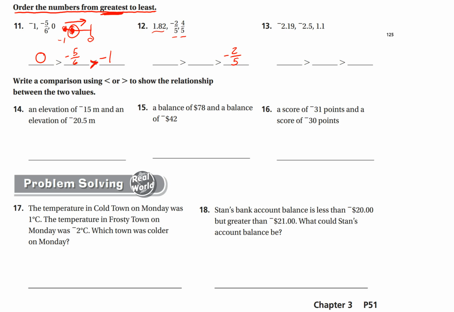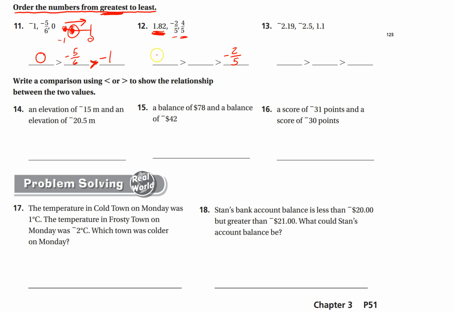And then all you need to do is compare 1.82 and 4/5. Again, 4/5 is a regular fraction. It's not improper. Because it's a fraction, I know it's less than 1. And this number is 1 and 82 hundredths. So this is 1 and some more, and this is not even 1 yet.